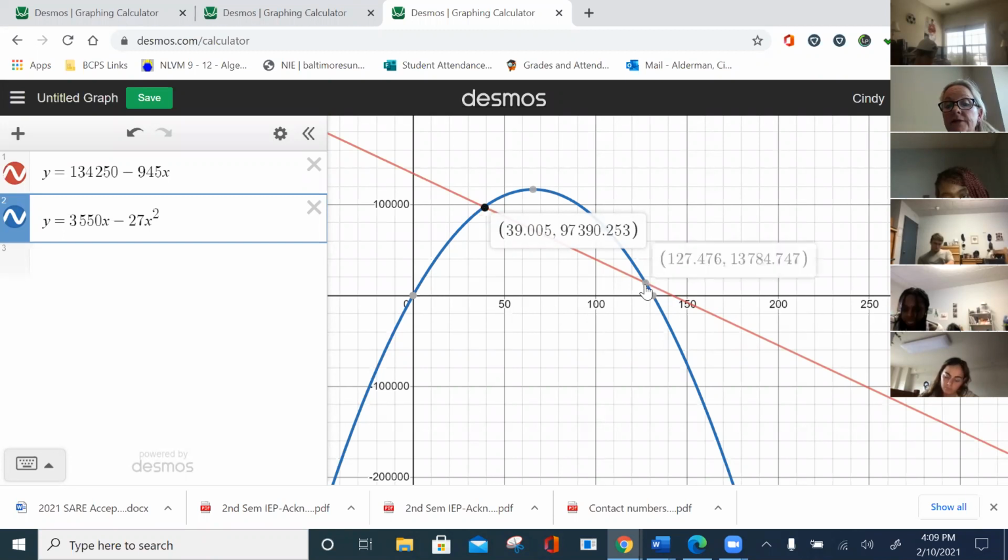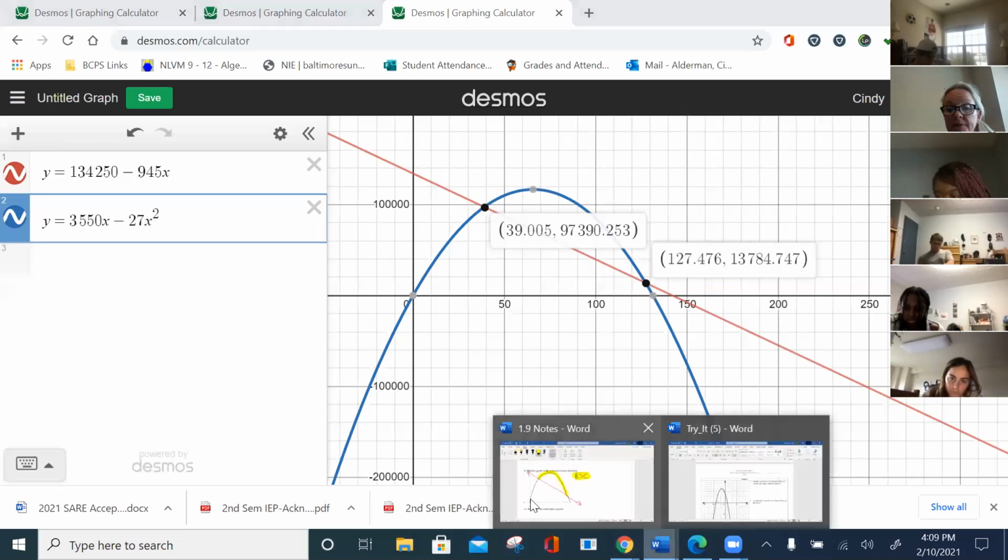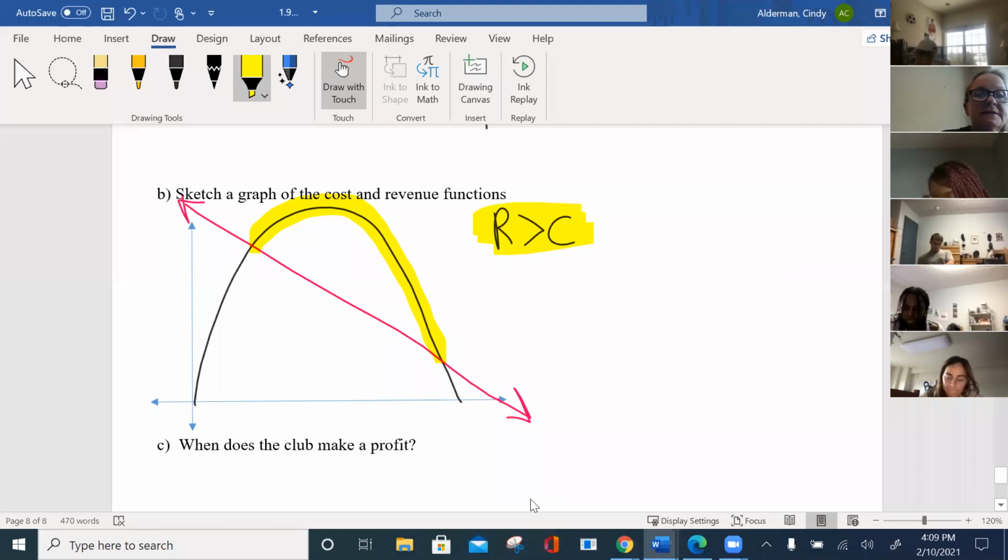This point over here using Desmos is, what did I say? Yeah, 127.47. Okay, so this is where I'm getting these numbers and the notes here. So what I can say is that this is about 39, and this is about 127.